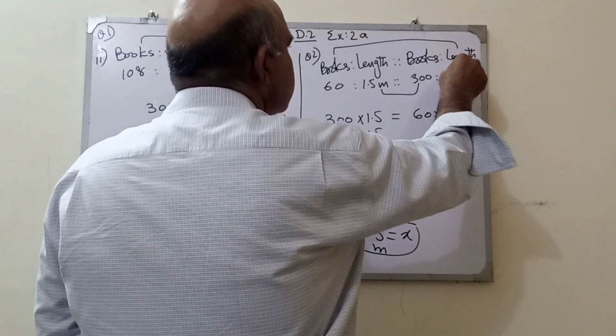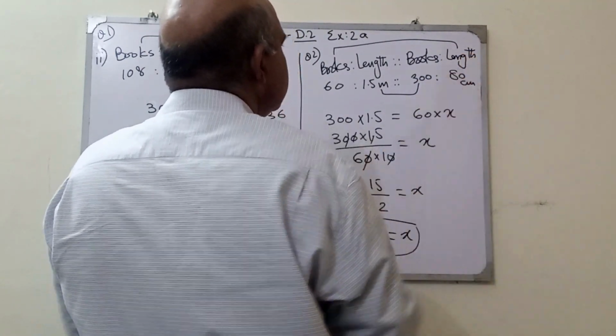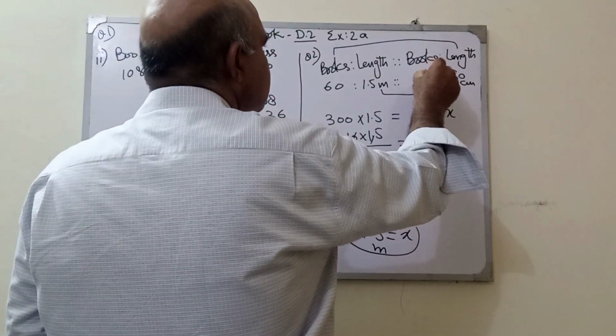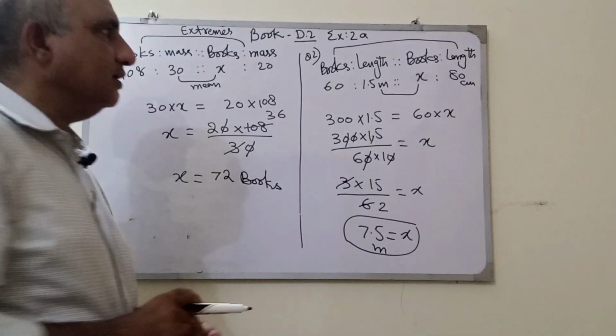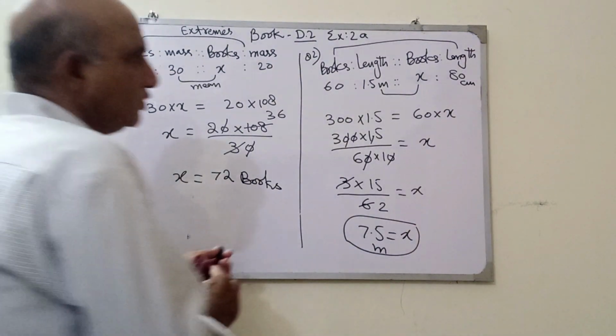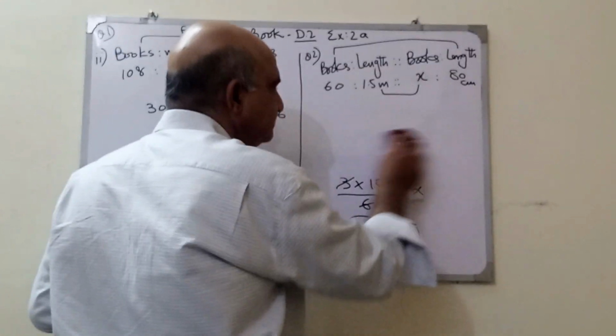If the shelf is 80 centimeter, then how many books can cover the length of 80 centimeter, right?